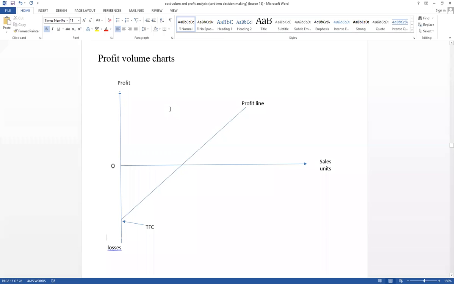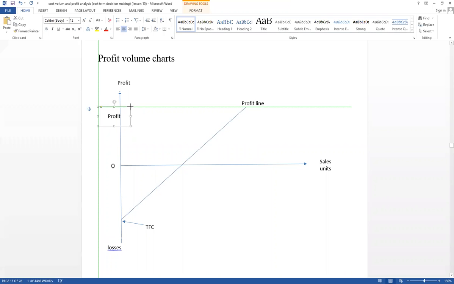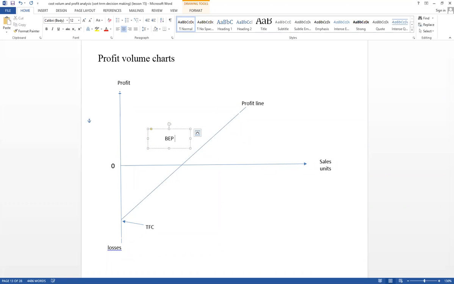Therefore, this is a break even point quantity. This is a break even point quantity, BEP quantity.